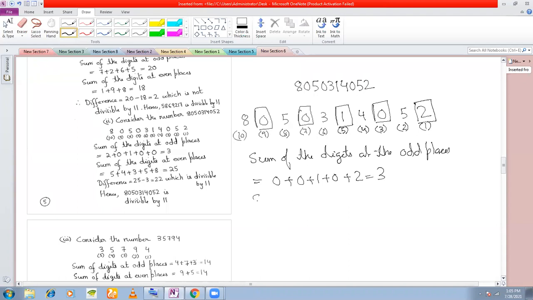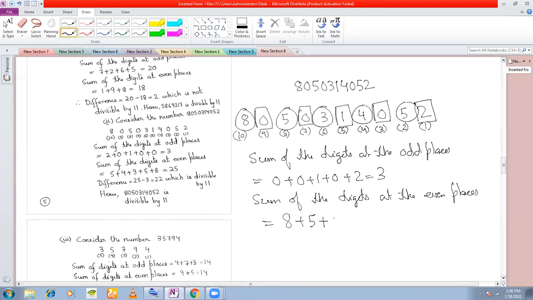Now take the even positions, sum of the digits in the even positions. These are your even positions. So 8 plus 5 plus 3 plus 4 plus 5. So add them, you will get 25.